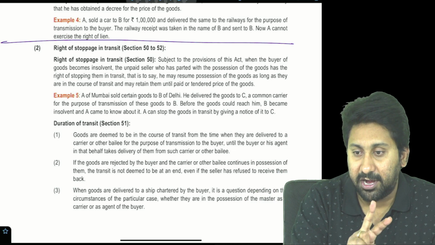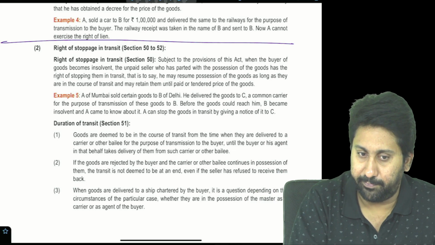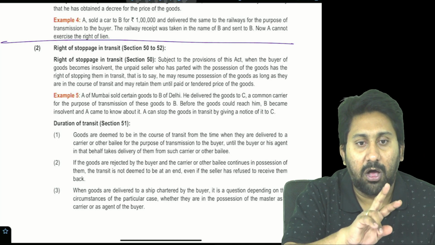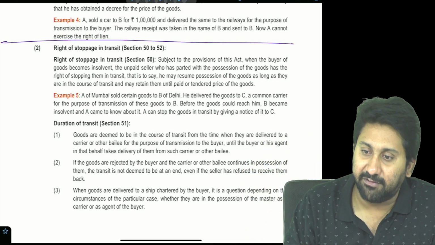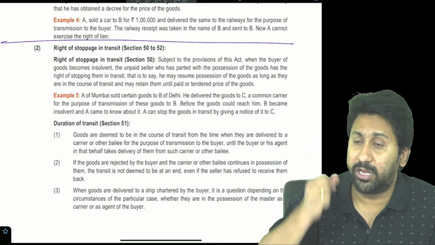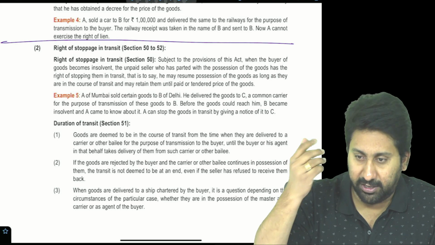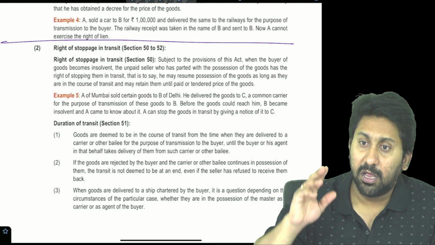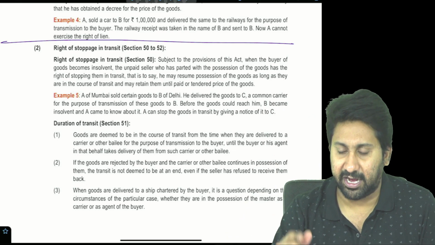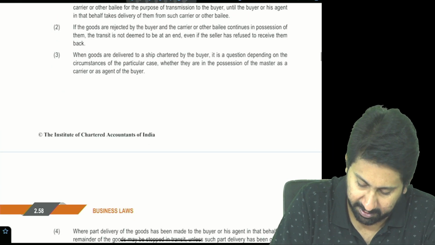Either I will put a condition that you should make a payment now, or I will tell that you should make a payment after delivery of the goods. Or a third thing I can tell: you take the goods first, on a credit basis, and you can make a payment to me after 60 days. Three situations I am presenting now.